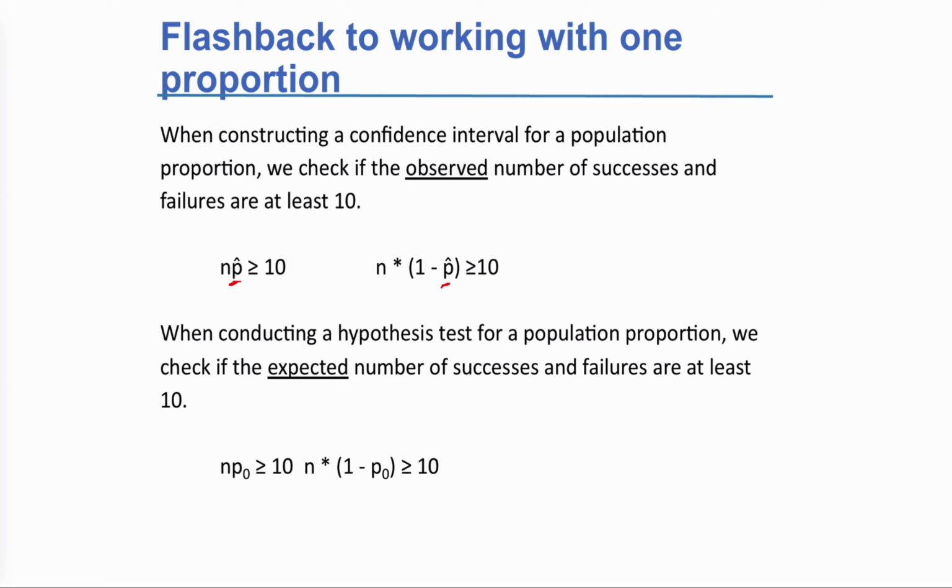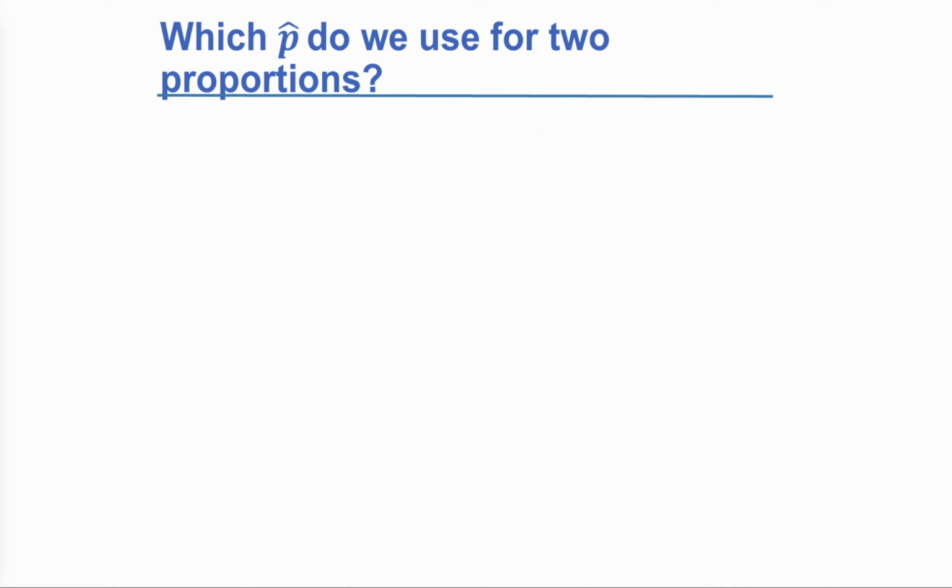When we're doing the hypothesis test for a population proportion, we checked n p0 and n(1 minus p0), right? The expected number of successes and failures if the null is true. Which p do we use for two proportions? Both of them, right? Because our null hypothesis is that both proportions are the same.